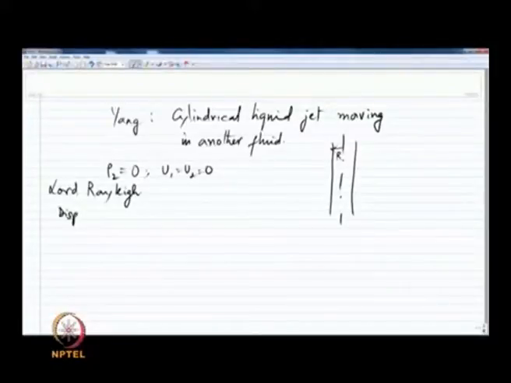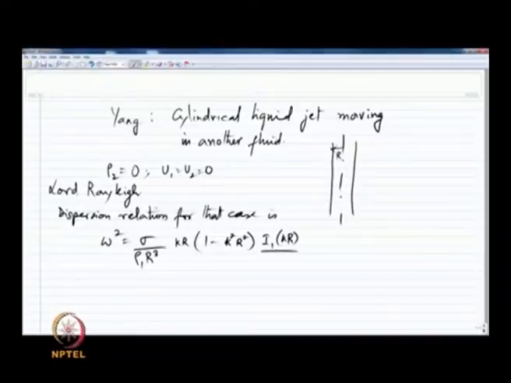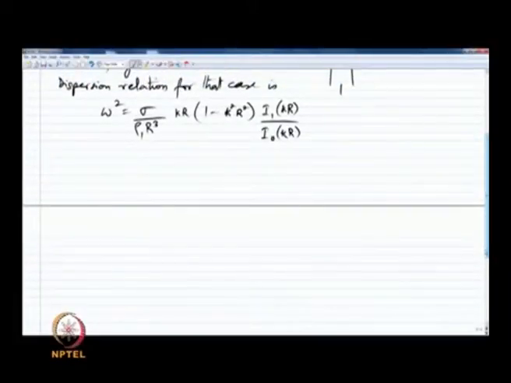So, the dispersion relation for that case is the dispersion relation from Lord Rayleigh.